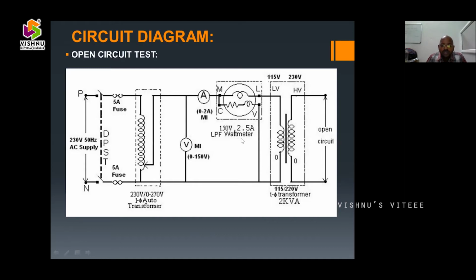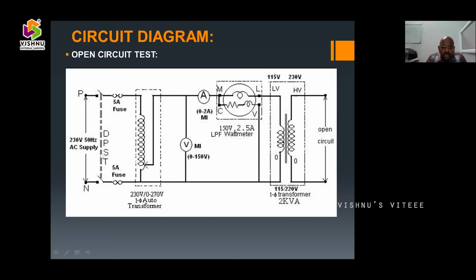That's why, slowly, we vary from zero voltage to the voltage required for the open circuit test using a single phase auto transformer, 230 volts, 0 to 270 volts rating. And these are the components required for conducting the open circuit test.